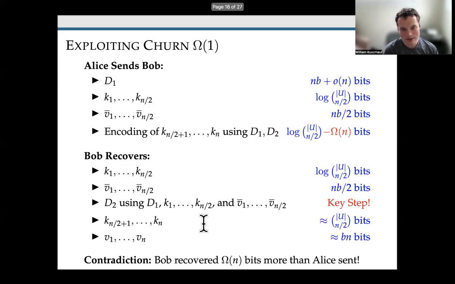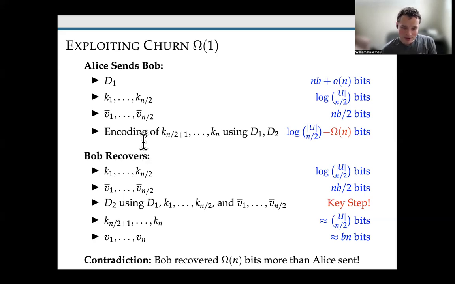And actually turning this into a one-way communication protocol is a bit trickier than it was before. Because the big bottleneck is that it turns out Alice cannot afford to send to Bob both the data structures D1 and D2. So she can afford to send D1, but she can't afford to also send D2.